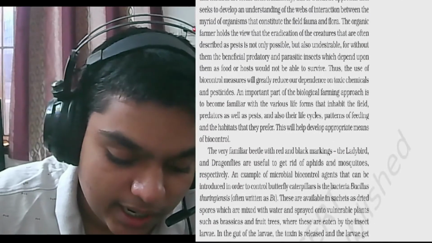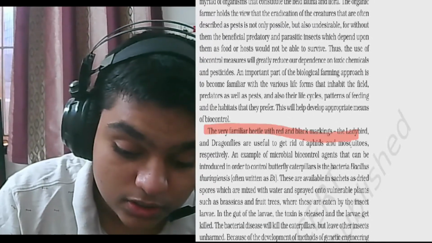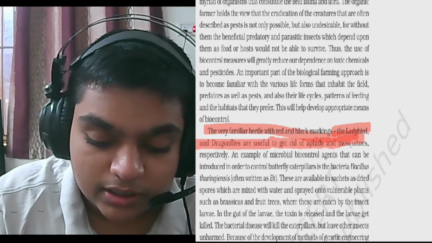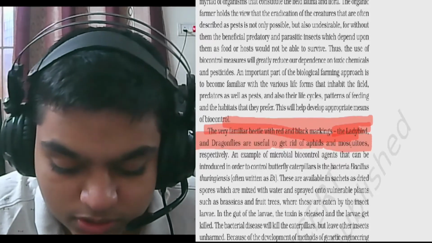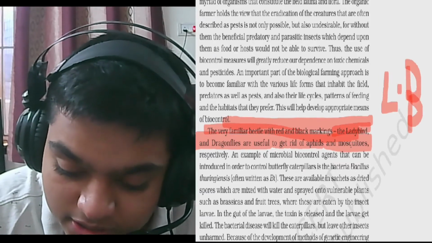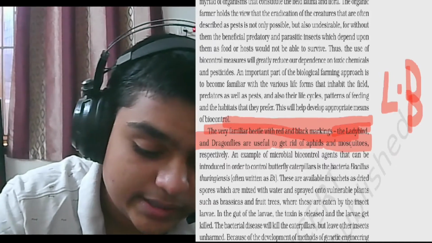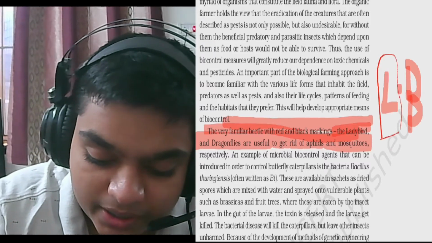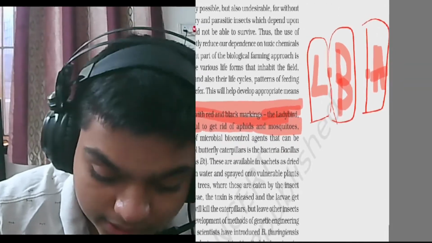Here it is. A very familiar beetle with red and black markings on the back, called a ladybird, and dragonflies are used in getting rid of aphids and mosquitoes. Ladybird, aphids: LBA.